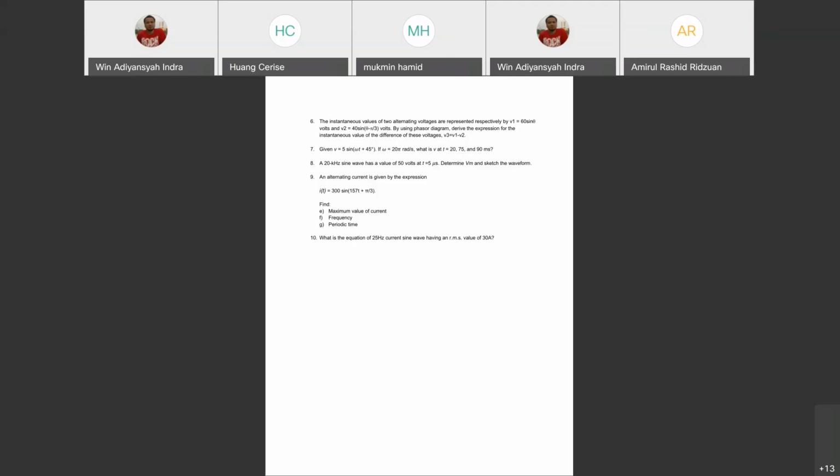Now, in order for you to solve this, you have to sketch the phases. You have to sketch V1, no degree yet, no phase. Like V2, 40 sine.